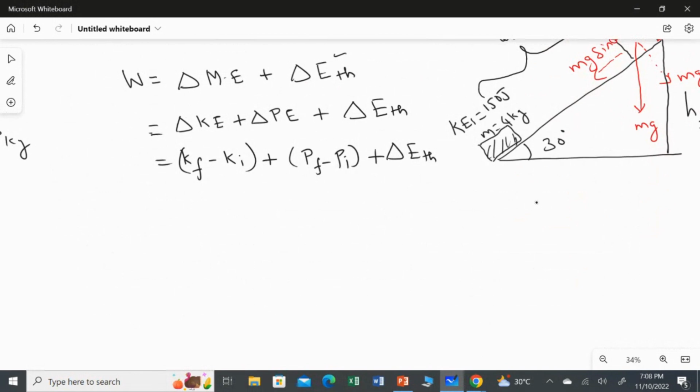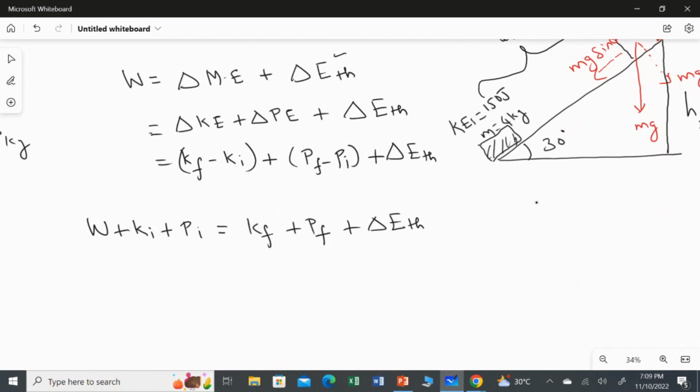I'm going to move the initial kinetic energy and initial potential energy to the left hand side. Therefore the equation becomes W plus Ki plus Pi equals Kf plus Pf plus thermal energy, right?